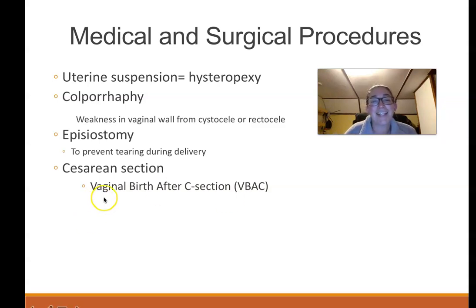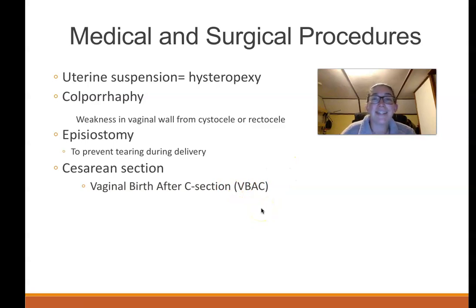The problem is they don't have enough anesthesiologists on hand, because if the uterus did rupture, you would need emergent surgery, and they would need an anesthesiologist on hand, and they don't have a 24/7 anesthesiologist. So for safety's sake, they don't necessarily support a VBAC.